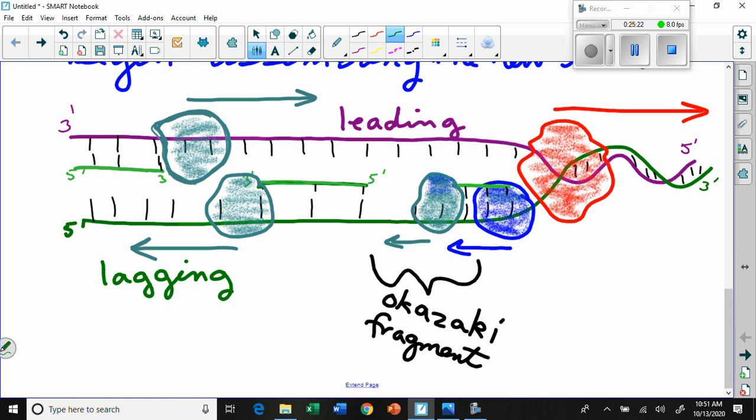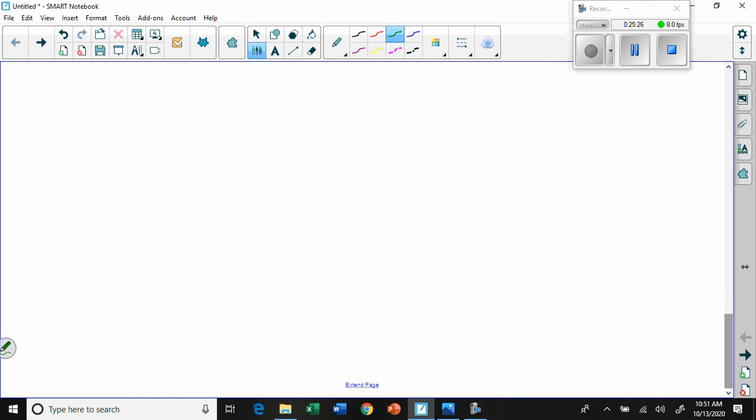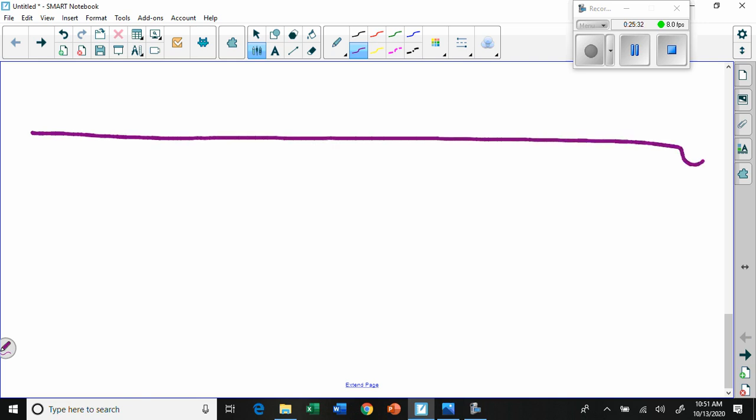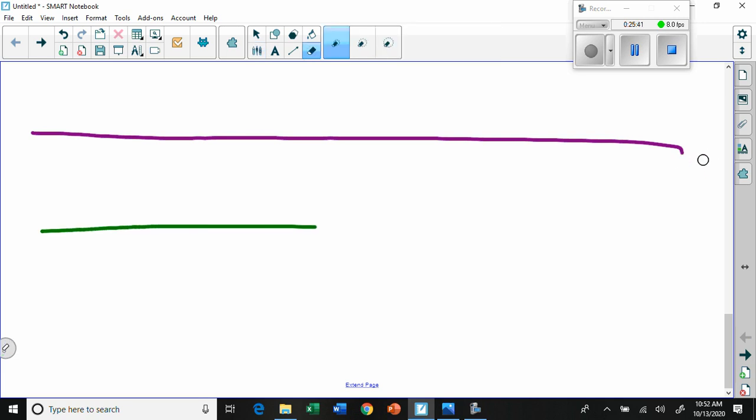Okay, so now let's draw the whole thing in a bit of a smaller format. So purple DNA, and just a couple of spins at the other side, and green DNA. Actually, I just realized if I make this a little bit bigger, it'll make more sense. So let me just kind of bring this down and wiggle it up like that.